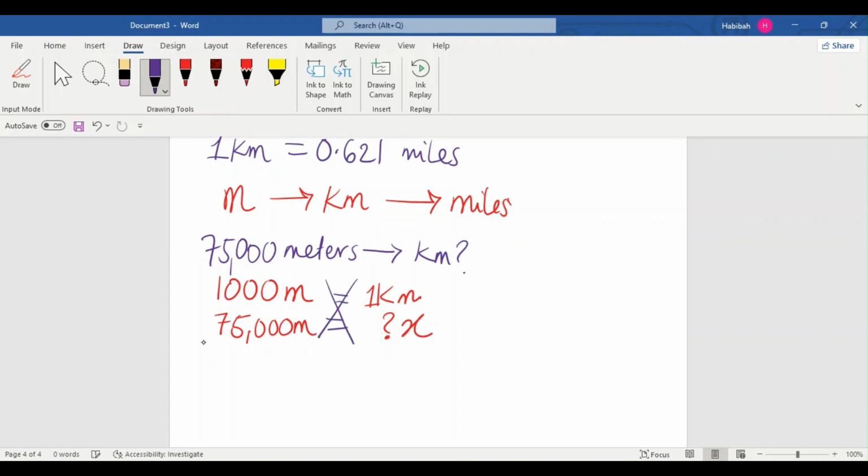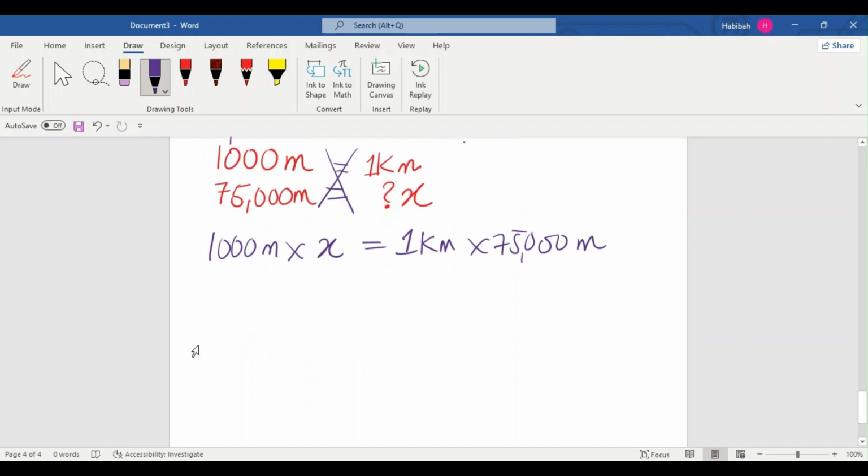So we cross multiply: 1,000 meters times x equals 1 kilometer times 75,000 meters. You cancel out meters on both sides, and you always cancel out the units if they're similar on the left side and the right side of the equation.